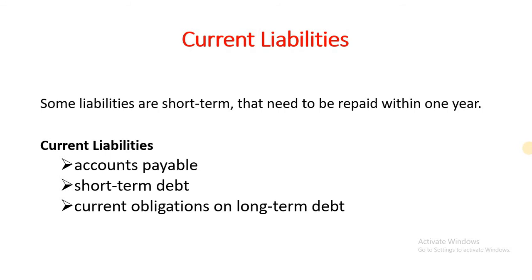So, the part of the bank loan which is needed to be repaid within 1 year is the current obligation on long-term debt, and it will be treated as current liabilities. And the part of the bank loan which can be repaid over a period of 2 years to 5 years or even more than 5 years will be treated as long-term liability.